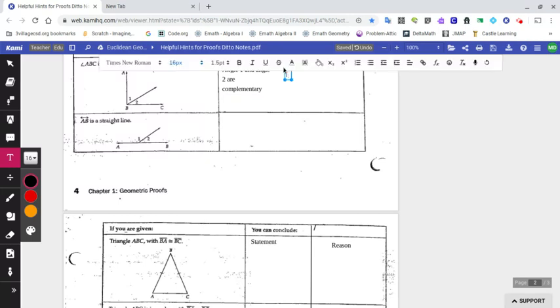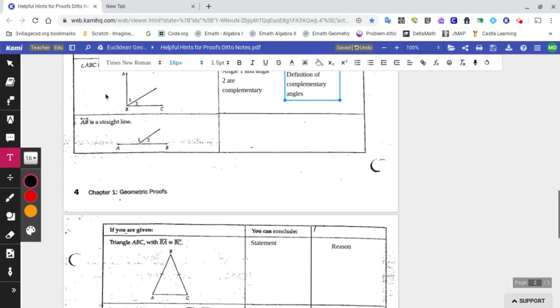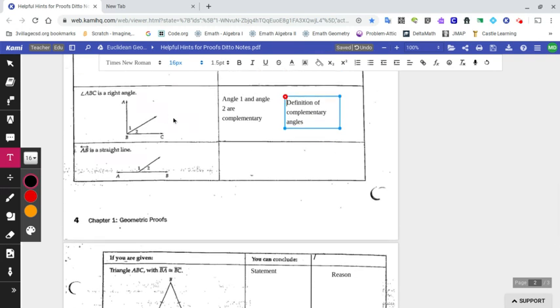And the reason is the definition of complementary. By definition, two angles are complementary if they add up to 90 degrees. And since this tells you that there's a right angle, that makes those two complementary.